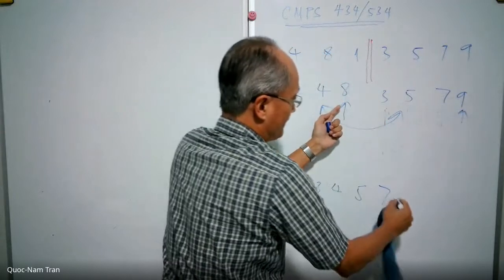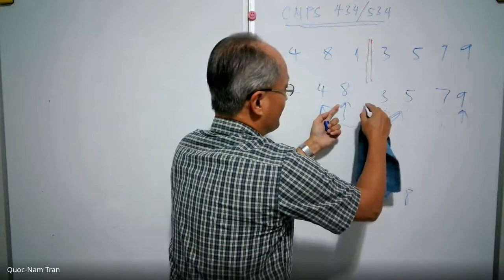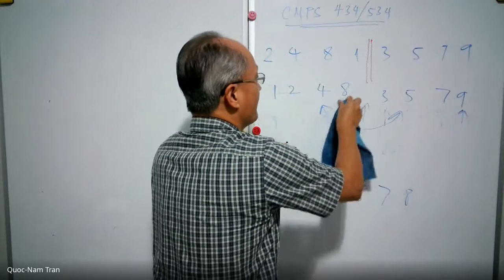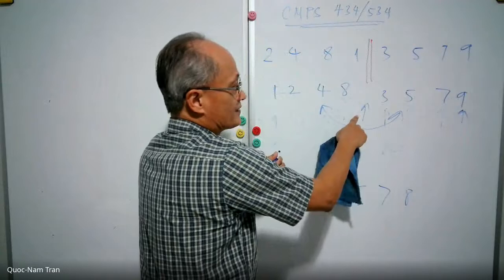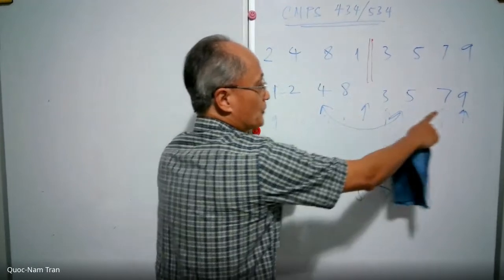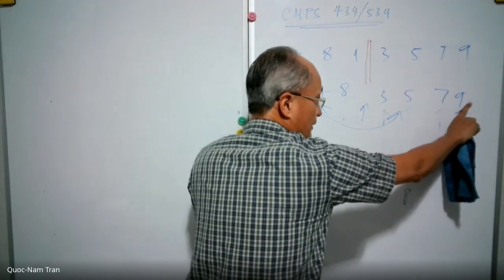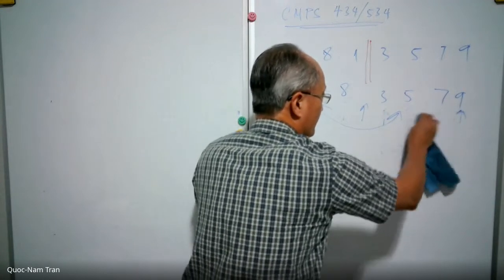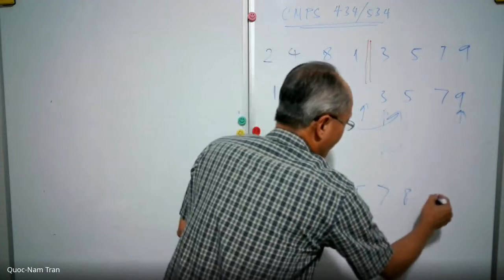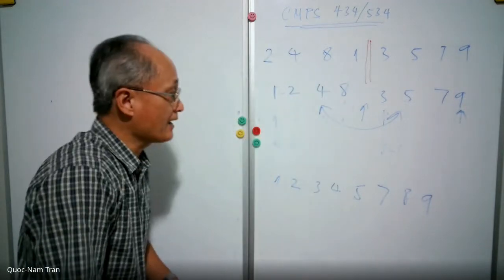Now I have 8, advance, and it will go beyond the size here. So now I know that I have to copy everything left from the right half down.